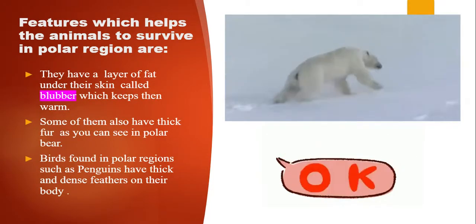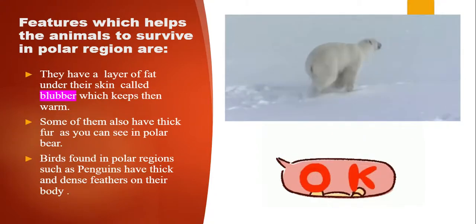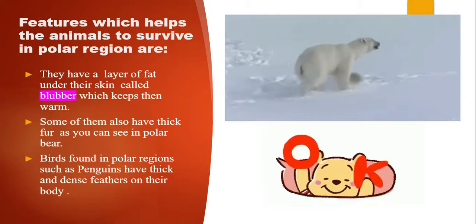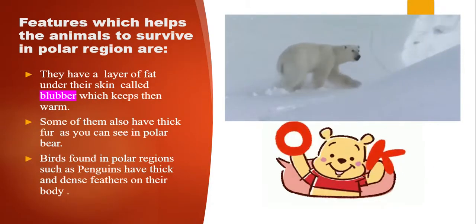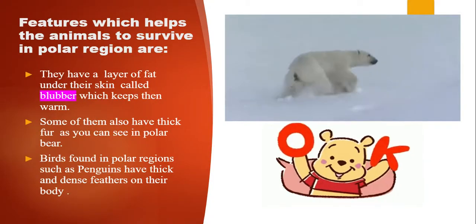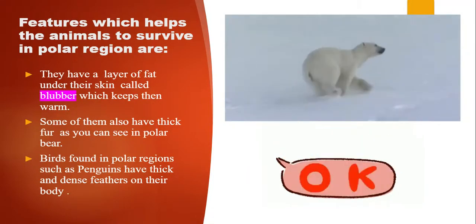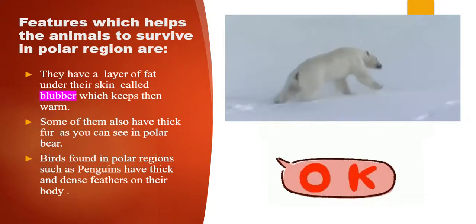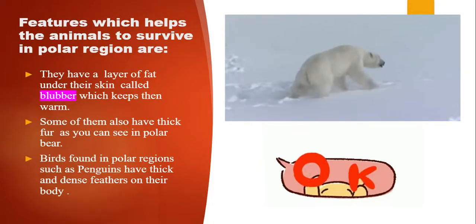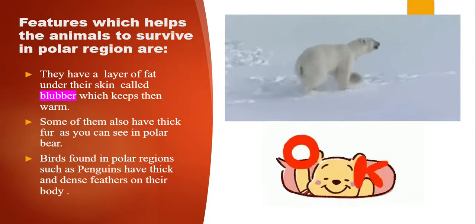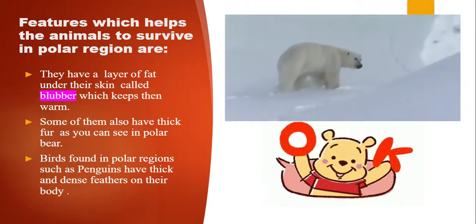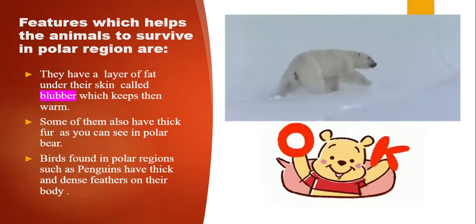They have a layer of fat under their skin known as blubber, which keeps them warm. Some of them also have thick fur, as you can see in polar bear, which protects it from the extreme cold weather as it keeps them warm.